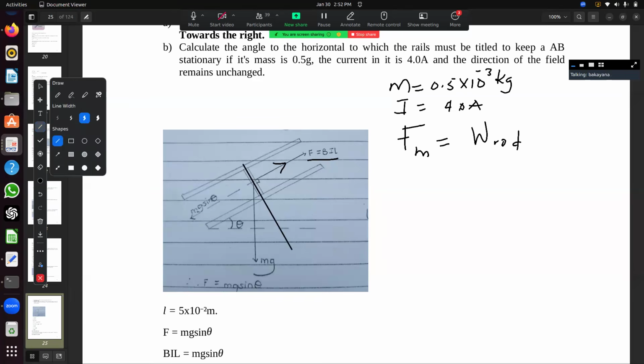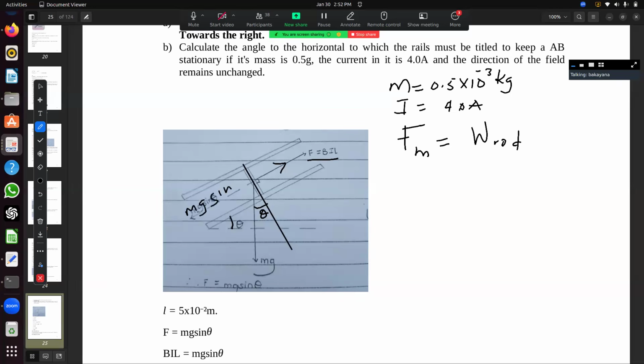From what you learned in mechanics, if that angle is theta, this angle is also theta. So if I'm to resolve mg along the rails, this would be mg sine theta, and this would be mg cos theta.